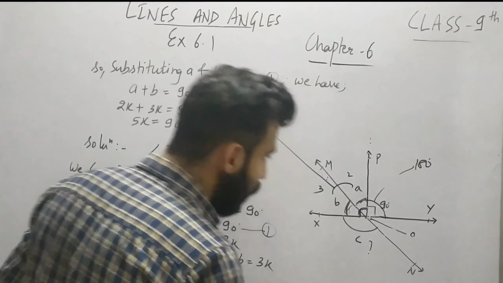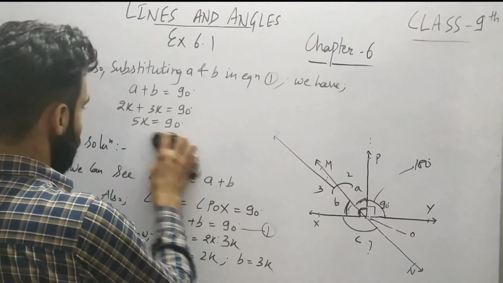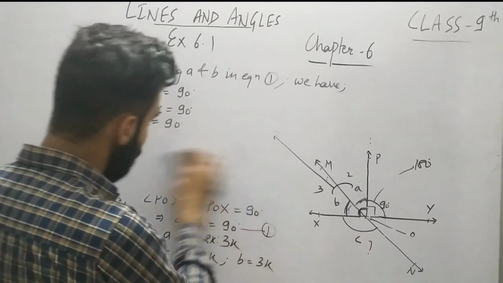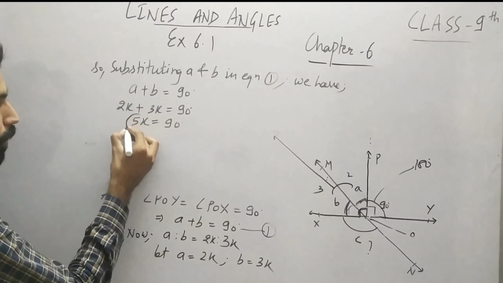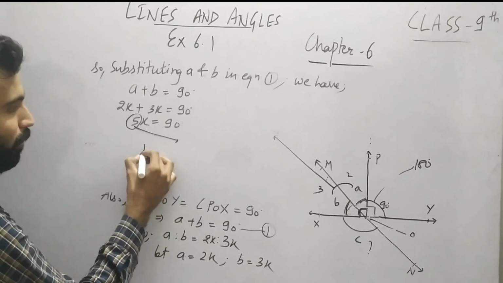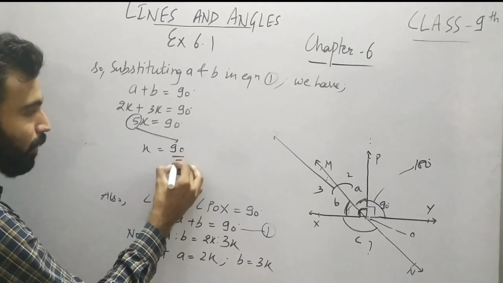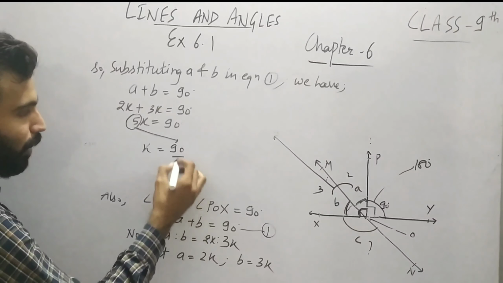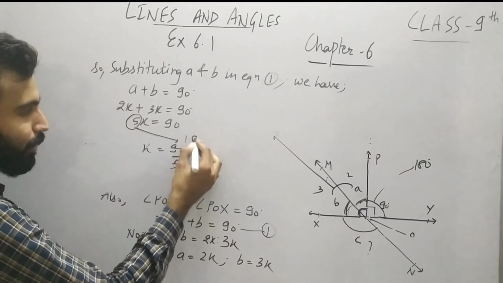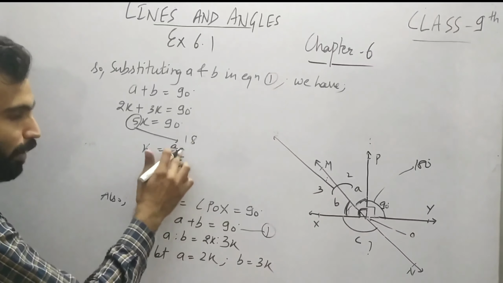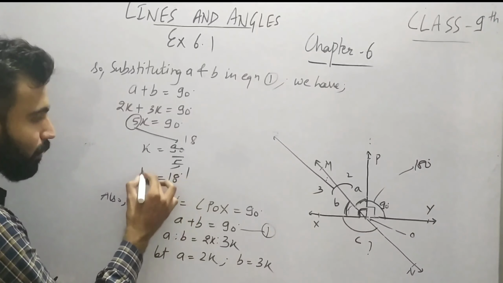Transferring this 5 to the denominator, because it is multiplied with X, it will go in division of 90. So X is 90 divided by 5, and 5 times 18 is 90. That gives X as 18 degrees.